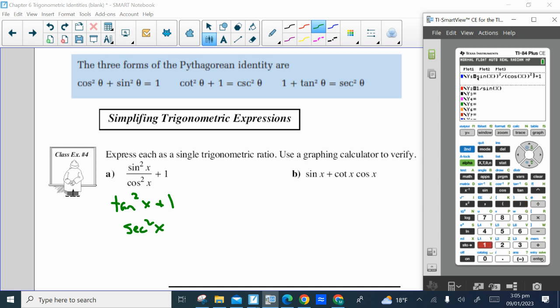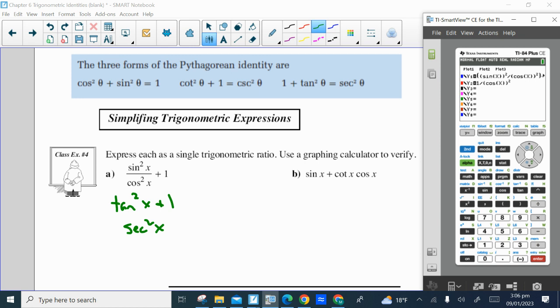But then I also have a plus 1 on the end, right? It's sine squared x over cos squared x plus 1. And that should equal sec squared x, which is 1 over the cosine of x all squared. So these two graphs should be the same.